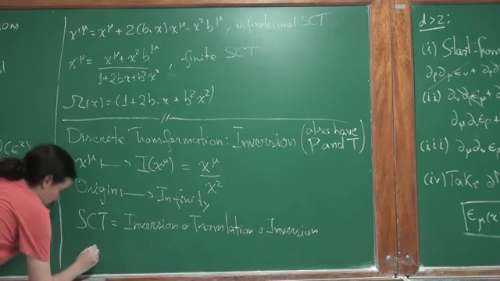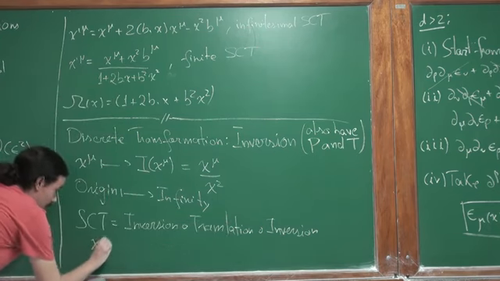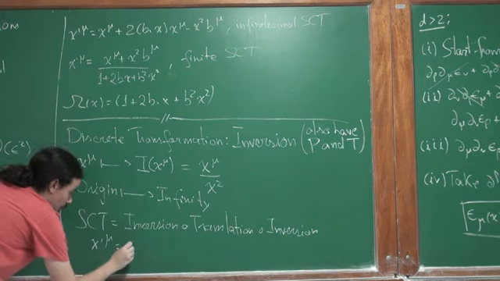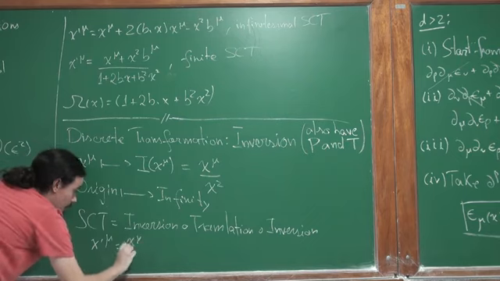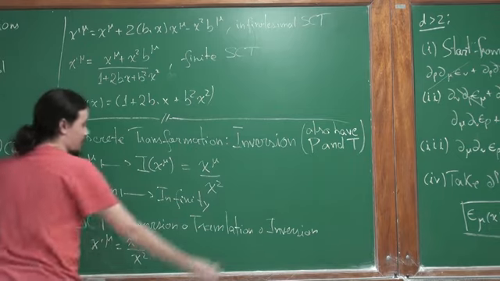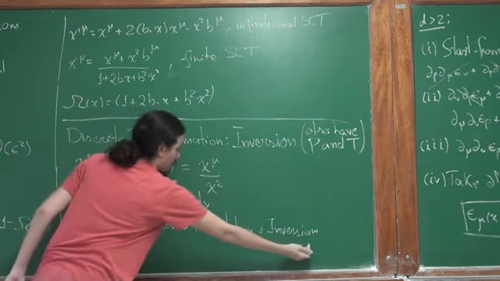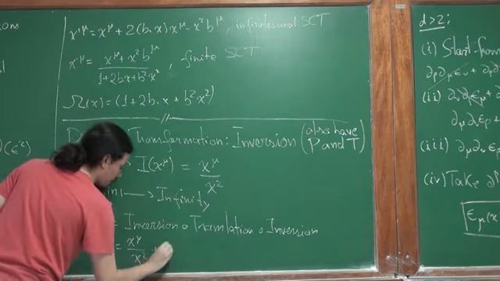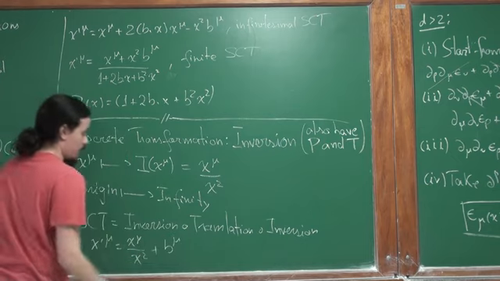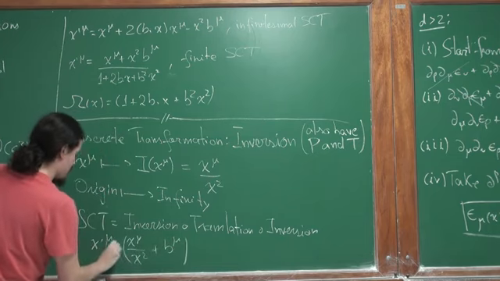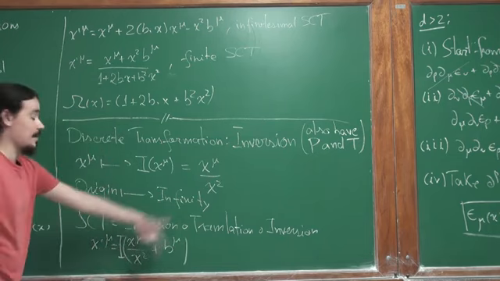Infinitesimally, it would be something like this. You could have x nu prime: you first invert this guy, then you do a translation, and then you just invert this guy again.